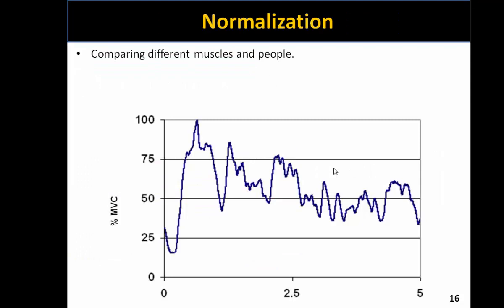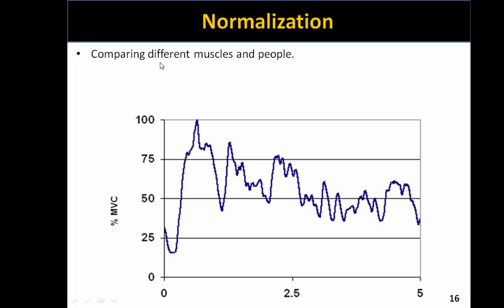Before we get to that number, another common process that's used to bring some relevancy to the EMG signal is called normalization. Normalization is where we take that full wave rectified signal and convert the data to some standard. That standard allows us to compare between different muscles and different people.